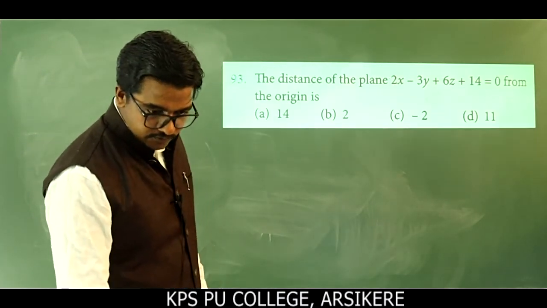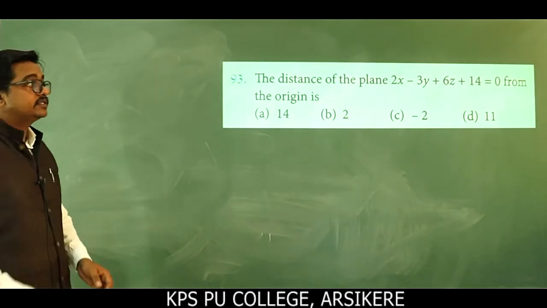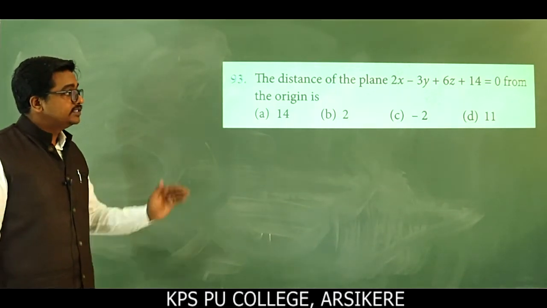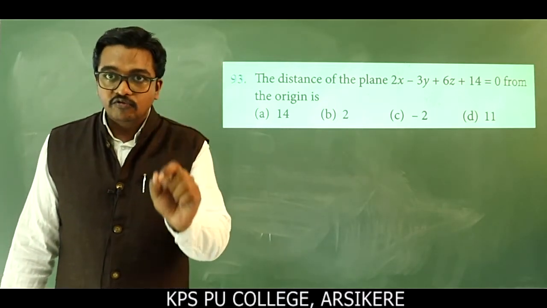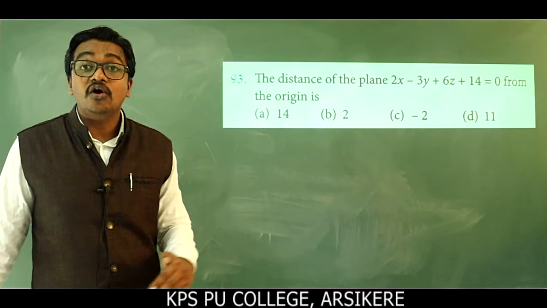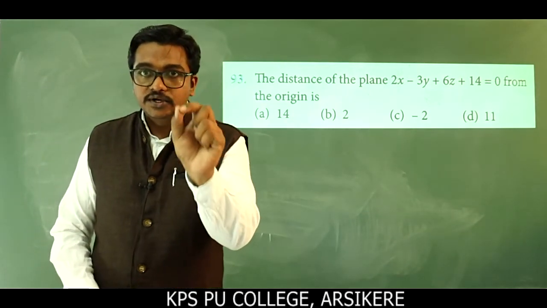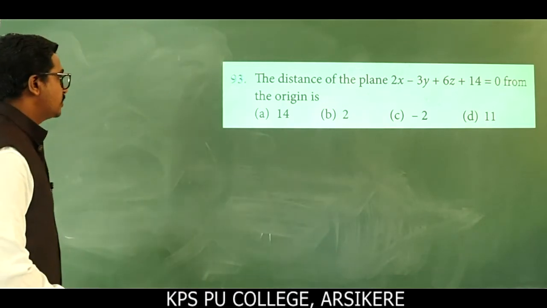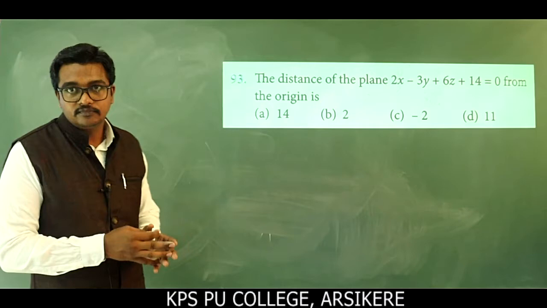Your next question. The distance of the plane 2x minus 3y plus 6z plus 14 is equal to 0 from the origin. We have to find the distance of this plane from the origin. Origin means we have the coordinate 0, 0, 0. To find this we have two methods.